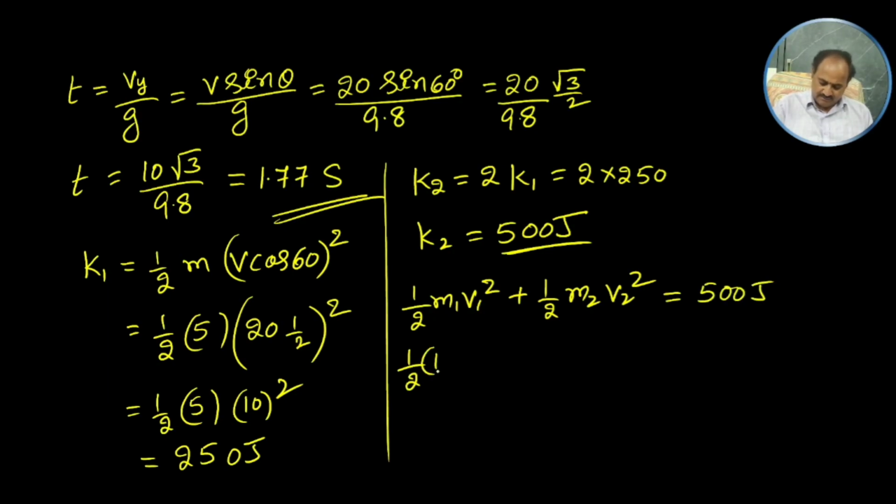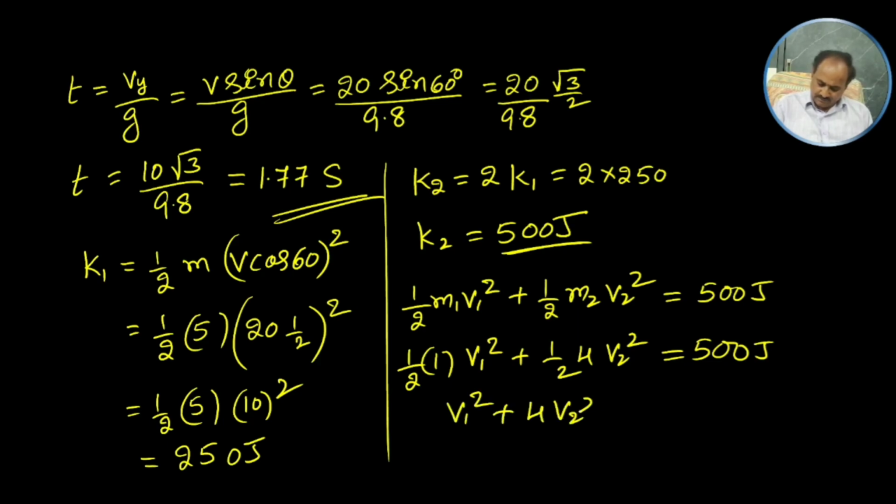Half into m1, which is 1, v1 square plus half into m2, which is 4, v2 square equals 500 joules. From this, v1 square plus 4 v2 square equals 500 into 2, which is 1000.